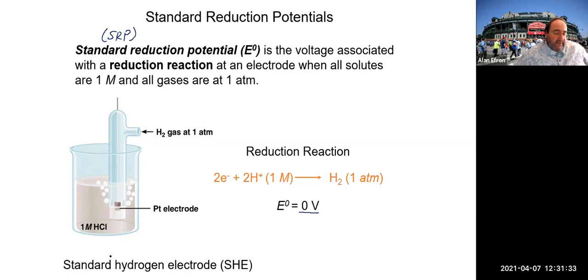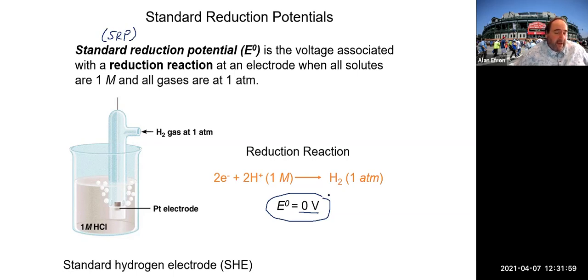This is what is sometimes referred to as the SHE, the standard hydrogen electrode. Basically, they take this hydrogen electrode, assign it a value of 0, and hook it up with all kinds of other electrodes and get the cell voltage, and they're able to determine the SRP value for all the other elements, if you will.